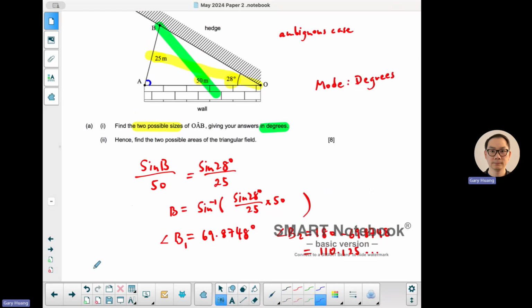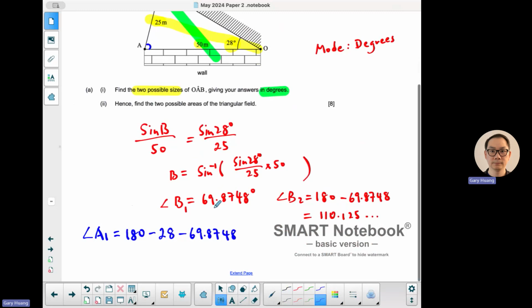So to find angle A1, the first case is going to be 180, take away 28, take away 69.8748, right? Round off to 3 sig fig, and I'm getting 82.1 degrees.